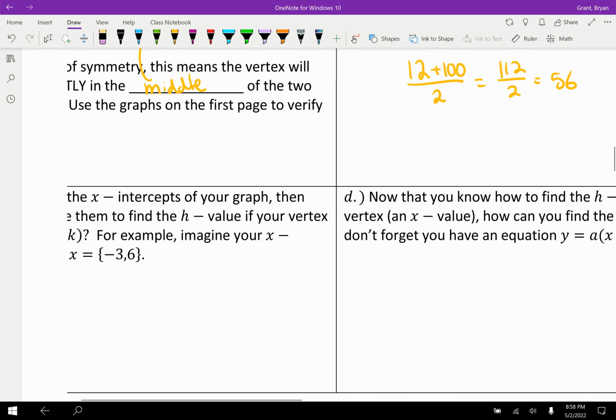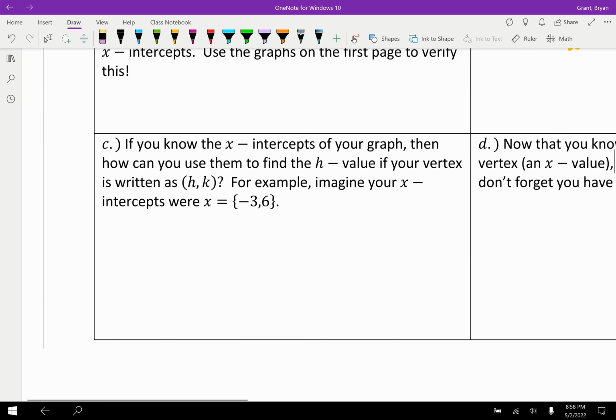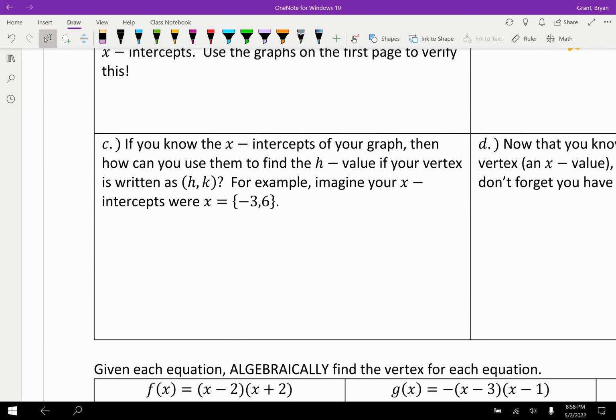Easy. All right. So if you know the x-intercepts of your graph, how can you use them to find the h value of your vertex? Well, it's not too bad, right? You have two options. Option 1 is just count between the x-intercepts. In fact, I do that most of the time if I have a graph. I'm just like, okay, 1, 2, 3, 1, 2, 3, great, we found it.